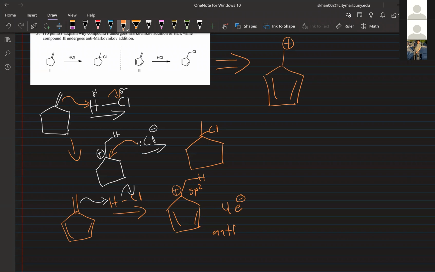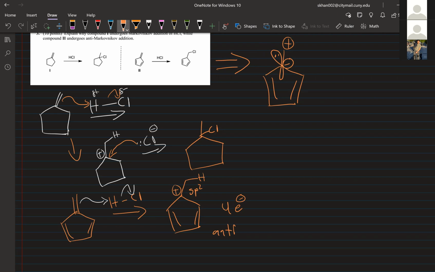So if this was a primary carbocation, we could say the H ended up here. And if we deprotonated that H, we could think of this as a carbanion, where you have the lone pair here. So this would be a carbanion.